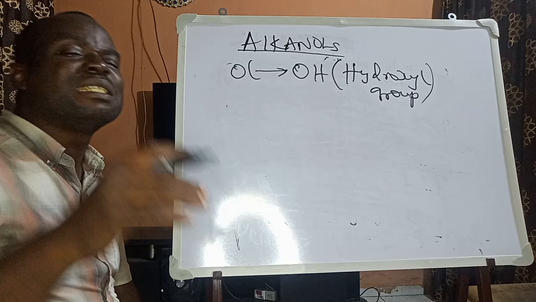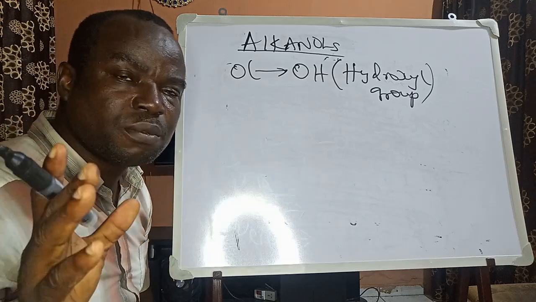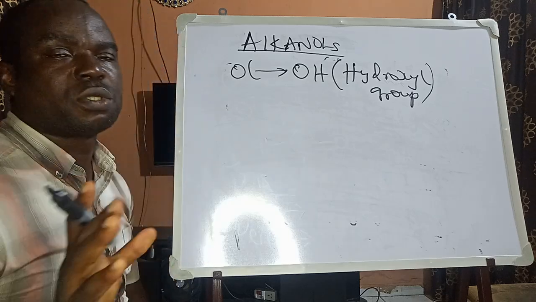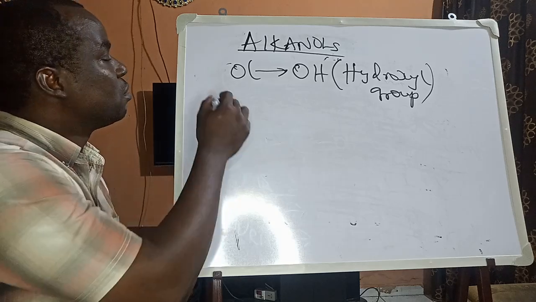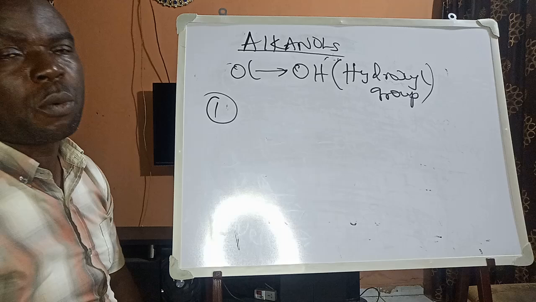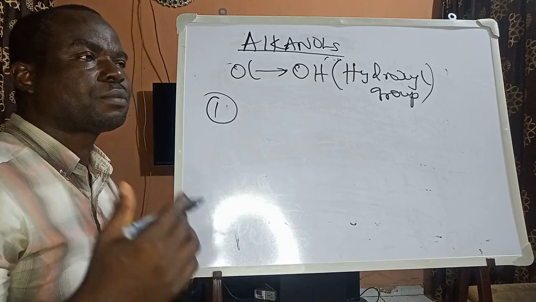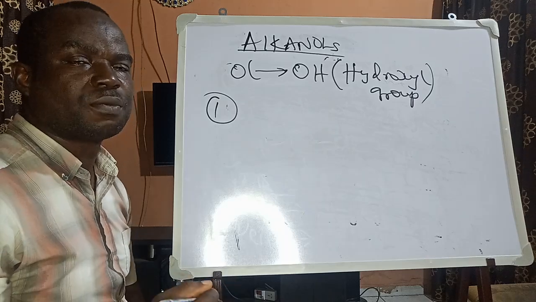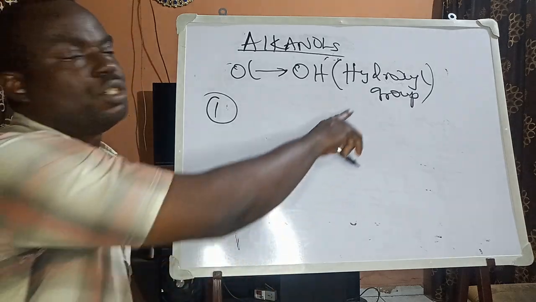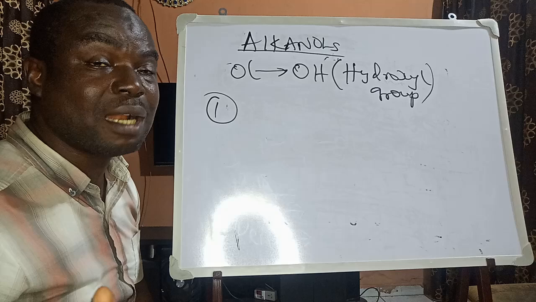Now, that's the basic introduction of ALKANOLS. Okay? Now, the first key point I want us to take is this. ALKANOLS are organic compounds that have this OH as their functional group.